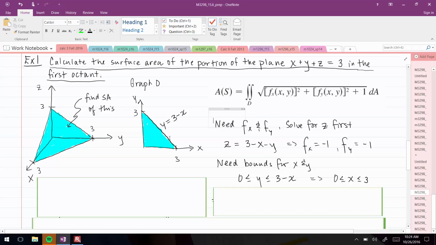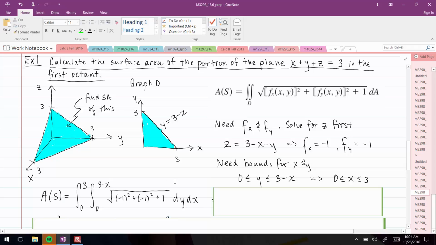That defines our domain. And then x is left to define, and that's in terms of just constant bounds. So the extent of x, from left to right, is that our domain goes from 0 to 3. Any questions about where we're at right there? So we just set it up.